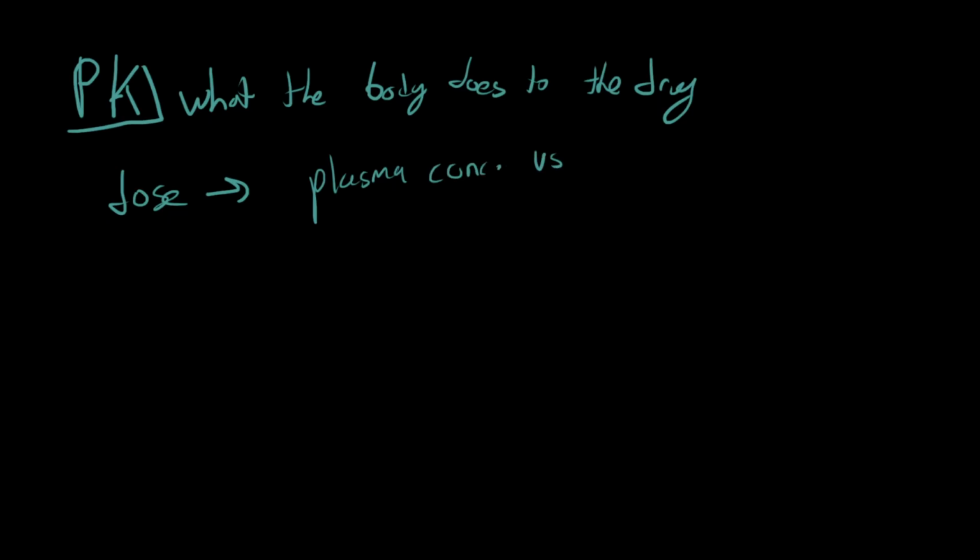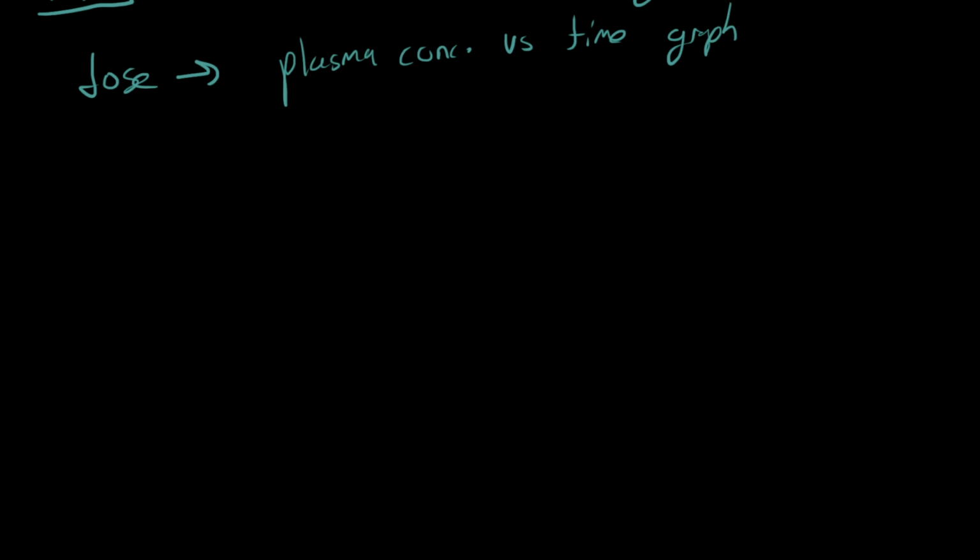Some key parameters to know with PK are your Cmax, your Cmin, concentration at steady state, your volume of distribution, your clearance, and your half-life.